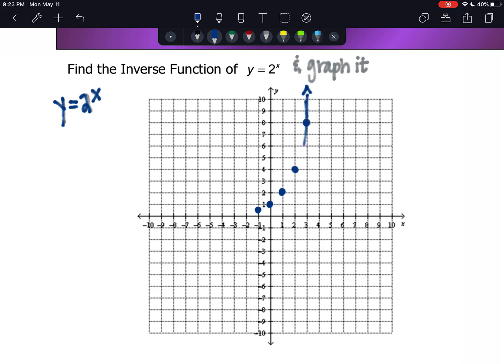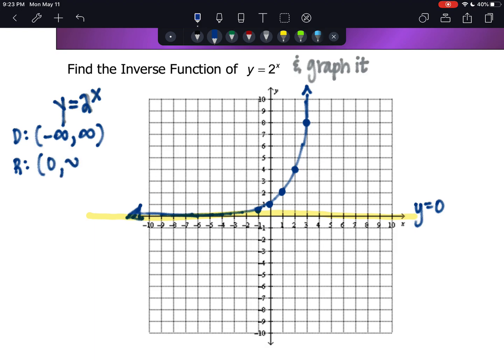This is a parent function, so it should be very quick for you to graph at this point. If it's not, I would recommend working on those parent functions. It has an asymptote at y equals 0. So our domain, if you remember, of our exponential is -infinity to +infinity.